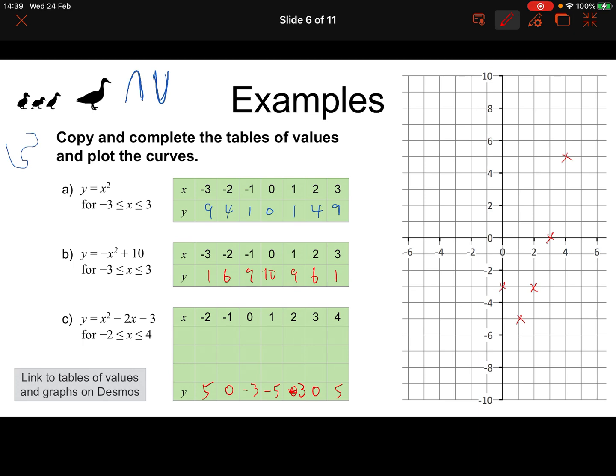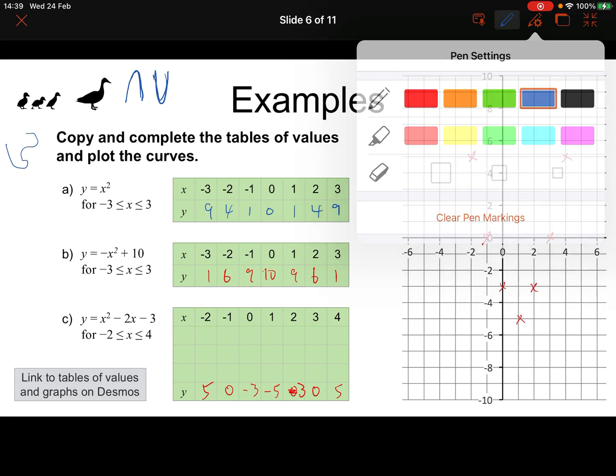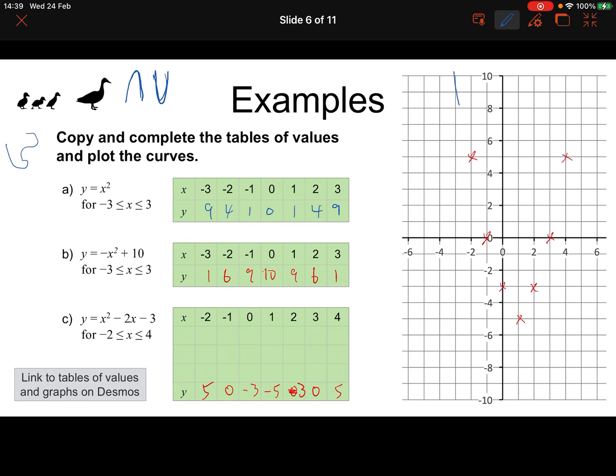Minus 1, 0, that's there. And minus 2, 5, that's there. And connect up with a smooth baby's bottom. A smooth baby's bottom, not a scraggly old man's bottom. So it'll look something like that. Okay, I could have done that a bit better at the bottom.